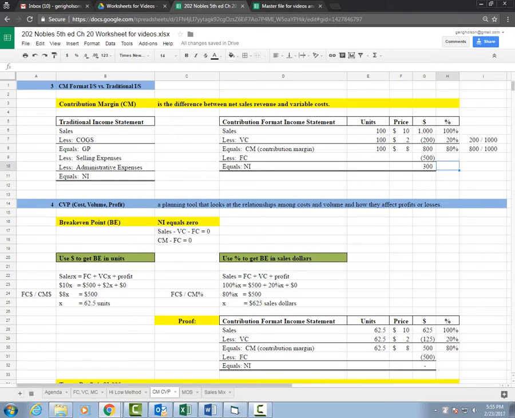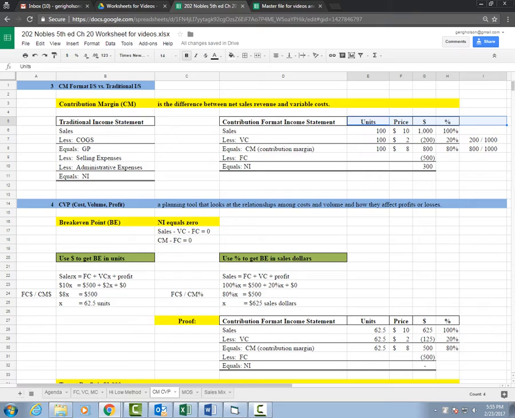And on problems where I have to solve for an unknown, I can take the relationships among the data and I can always find that unknown. So I want you to get in the habit of setting up your contribution format income statement with a column for units, price, dollars, and percent.